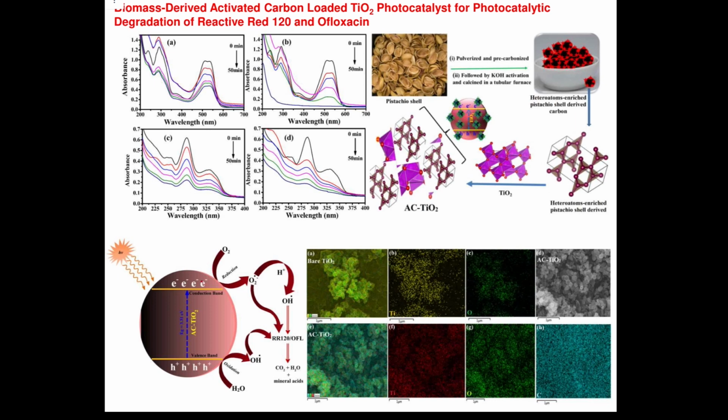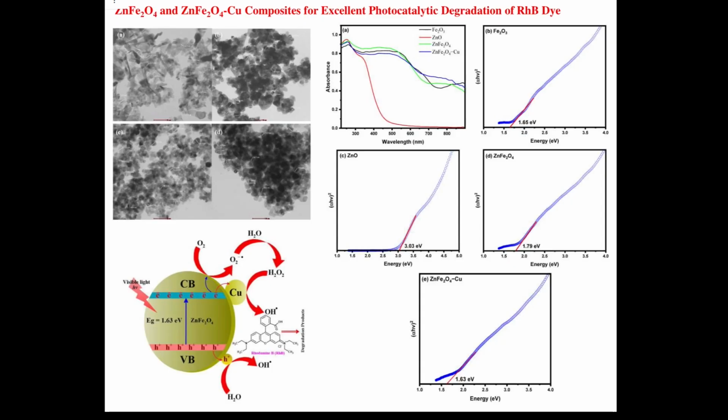So here also we observe some reduction in the band gap. For pure Fe2O3 it was 1.65 electron volts, for zinc oxide it was 3.03, and when the zinc ferrite was formed it was 1.79, but when the copper was deposited on the surface it was about 1.63 electron volts.